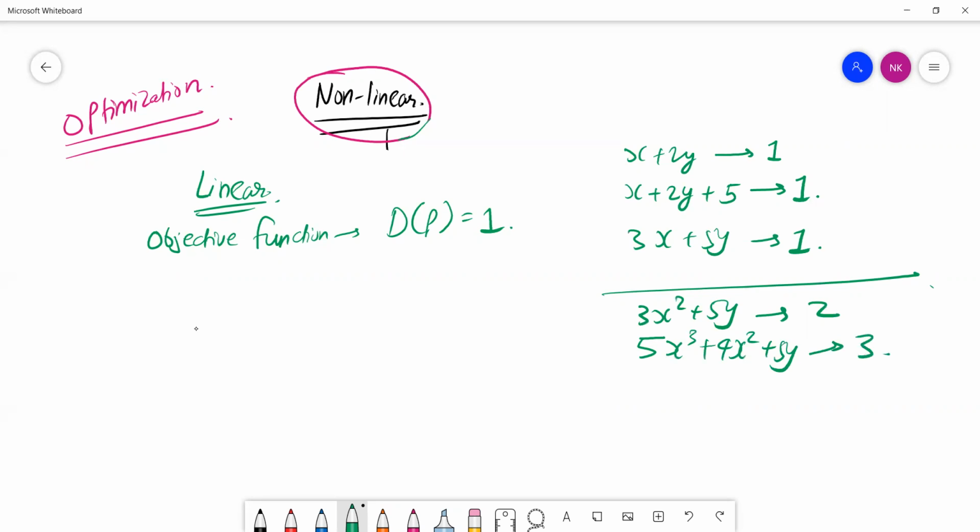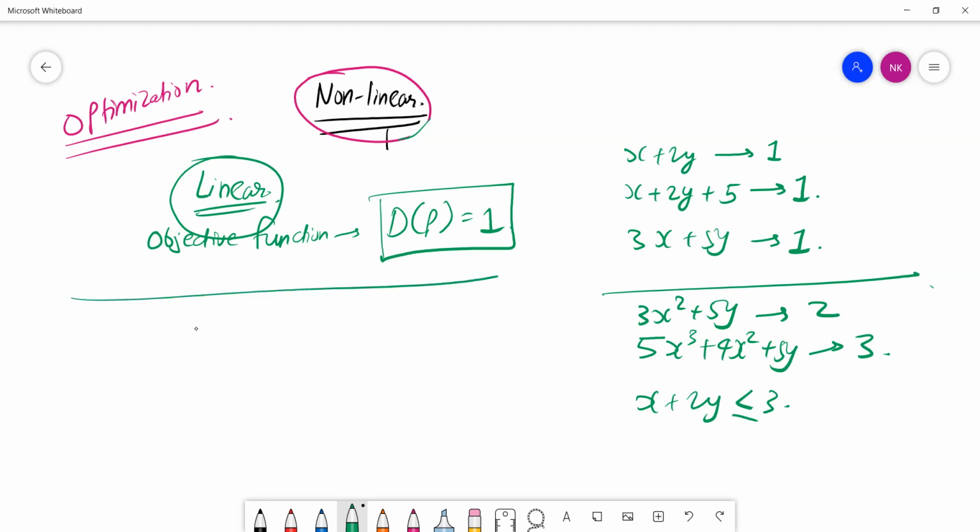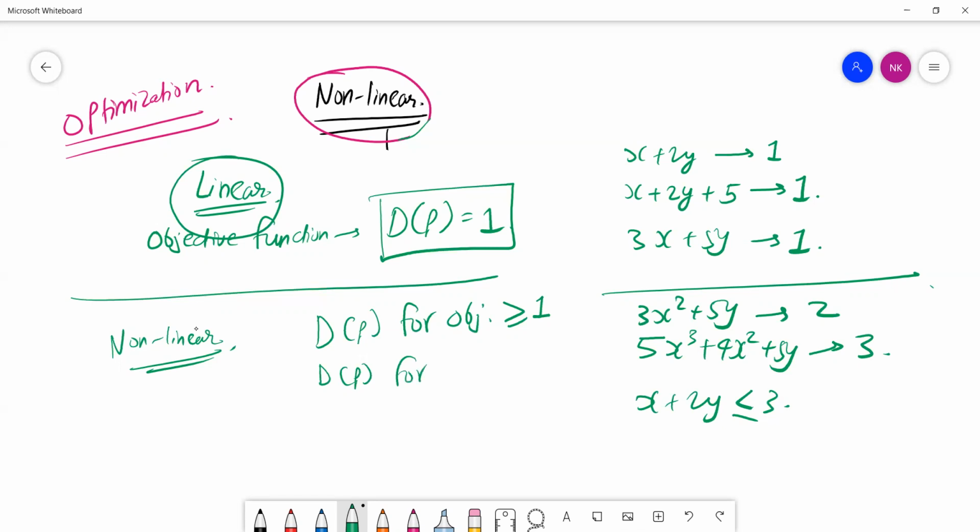So in your linear programming problems, we have always dealt with the degree of polynomial to be 1. If this is the objective function, or even if you consider any of the constraints like this one, then the degree of polynomial will be 1 in any case. But in a nonlinear programming problem, the degree of polynomial for the objective function will be greater than or equal to 1, and the degree of polynomial for the constraint can be greater than or equal to 1.